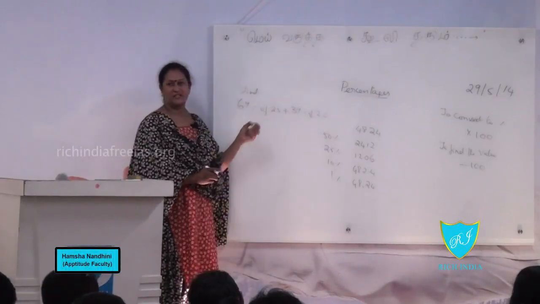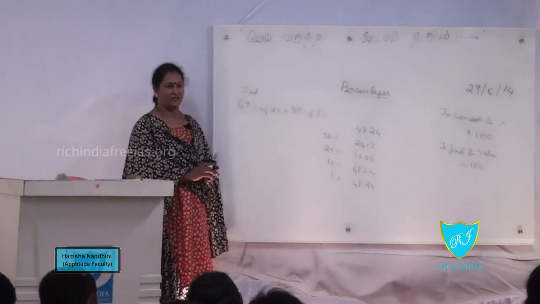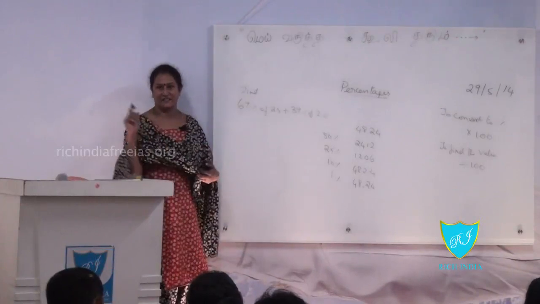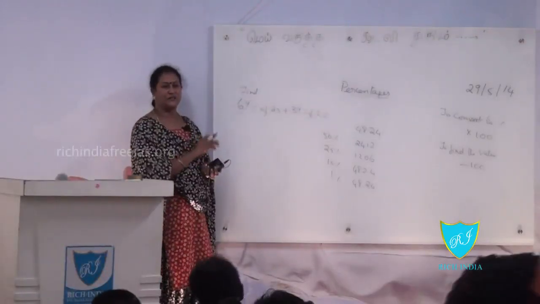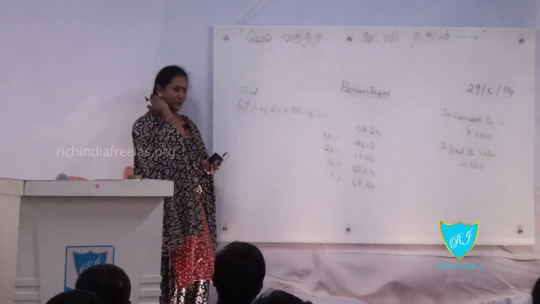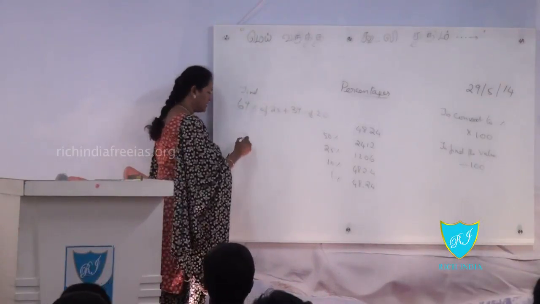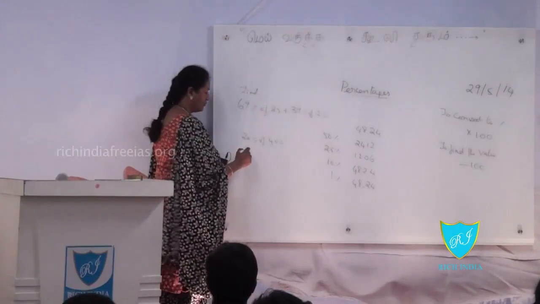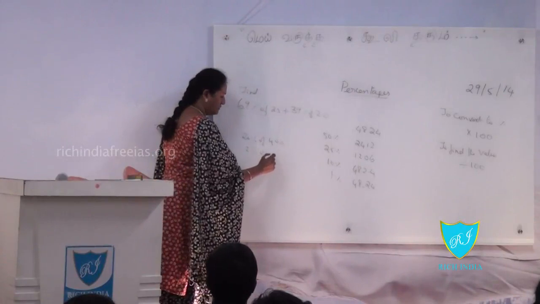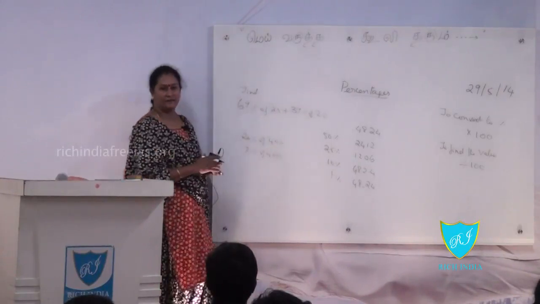So 69% is a bit difficult, isn't it? So you can replace the percentage. You take 25% of 69. Both will be the same. Okay, now when you are finding 20% of 400 or 2% of 4000, both will be the same.